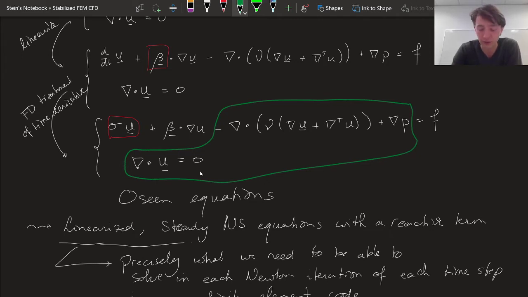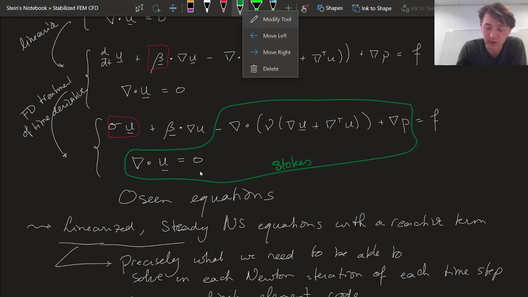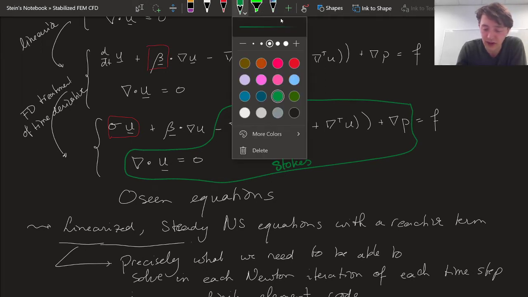This is the Stokes part. And we know that the stability analysis of that is quite sensitive. We had these different element types, and we want to have stable pairs.